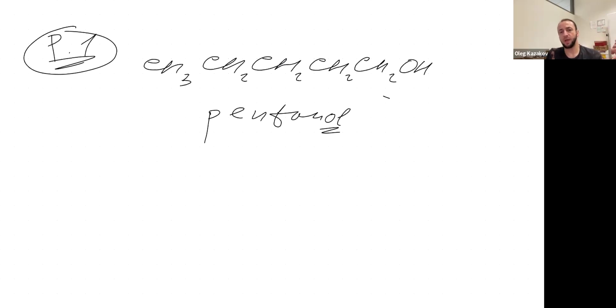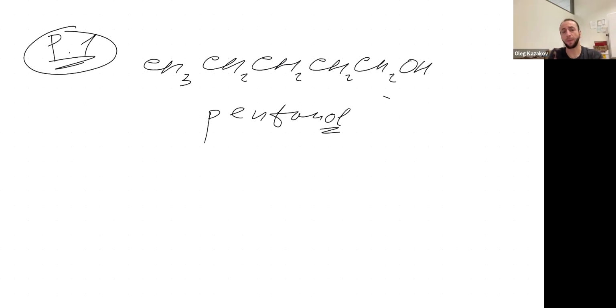However, if we start naming from this end, going right to left, then we are going to have 1, 2, 3, 4, 5, and then carbon number 1 will have the OH group. So consequently, if we number the carbons right to left, the OH group will have the smaller number, which is going to be 1. So carbon number 1 will have the hydroxy group attached to it.